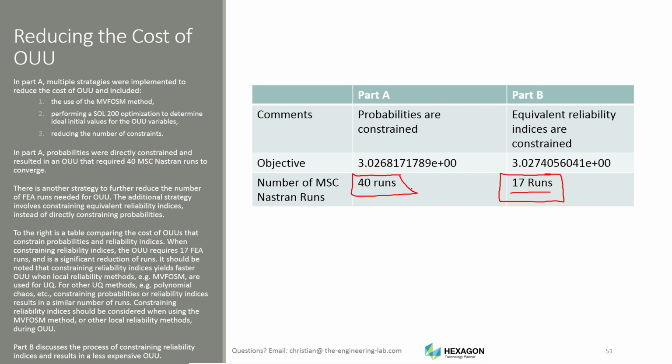So that's good for us because FEA takes a long time in certain cases. One run will take maybe hours or days. We need to reduce the number of Nastran runs as much as possible. So in part B, I will describe a different way of configuring the OUU so it requires fewer Nastran runs. You'll notice that the objective in both parts is not that different. We're essentially arriving at the same solution.